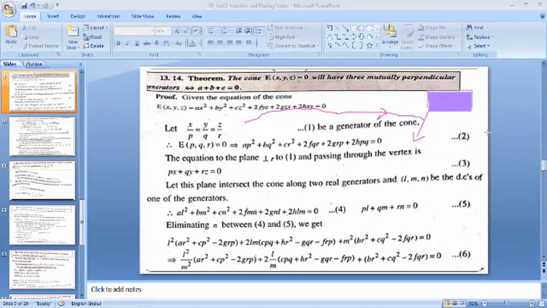Now automatically, what are the DRs of this particular generator?